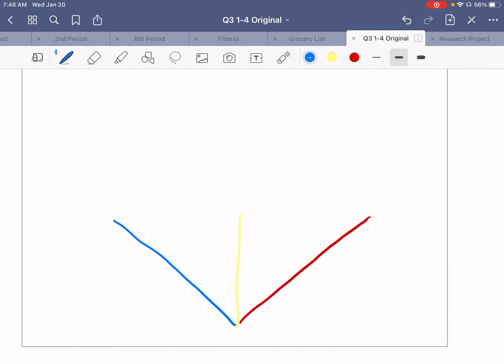Now, if I go on this blue branch, now I'm going to do the second spin. I can still get blue, I can still get yellow, and I can still get red. And same here, blue, yellow, red, blue, yellow, red. So this is now 2 spins, right?